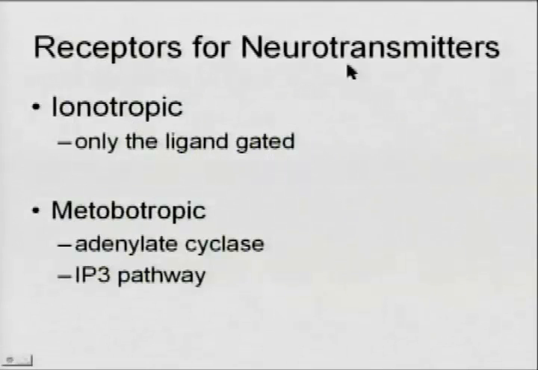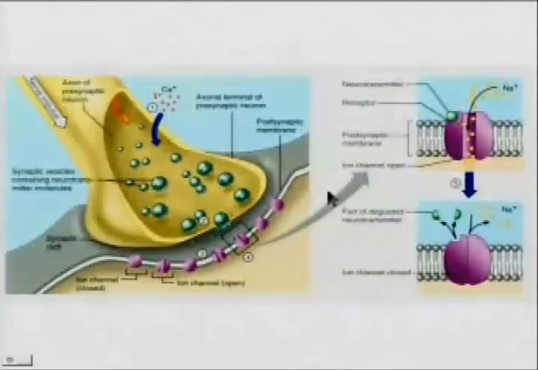So now that we're talking about receptors for neurotransmitters, we're talking about ligand-gated ionotropic receptors. The alternate are the metabotropic receptors, and 2 pathways that we will focus on are the adenylate cyclase pathway for production of cyclic AMP and the IP3 pathway, and we'll detail those when we get into receptor mechanisms. We just want to introduce them now through these next couple of slides.